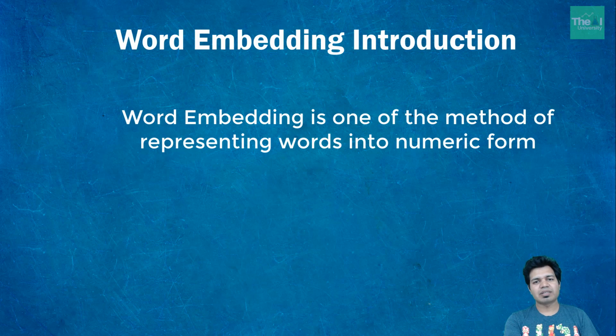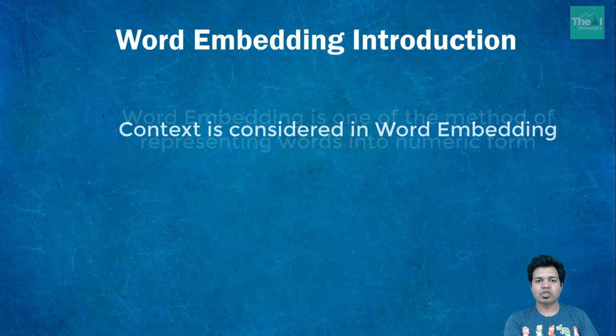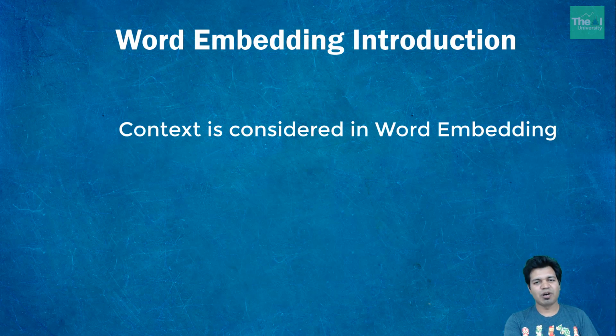And this is by far the best considered method, because it considers the context in which these words are used. The word embedding algorithm is so powerful that it understands the relationship between different words in a sentence or a document. So please watch this video till the end so that you can understand this very important topic, as it's heavily used in machine learning and deep learning when it comes to processing text.